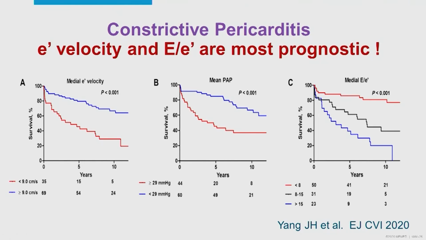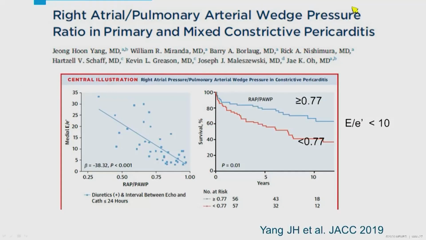And we just published it a couple months ago, and this will be very helpful for us in managing our patients with constrictive pericarditis. And here again, I return to this right atrial pressure over the pulmonary arterial wedge pressure ratio. And I know that this ratio, when it's high in patients with restrictive cardiomyopathy, they have a worse prognosis, right?